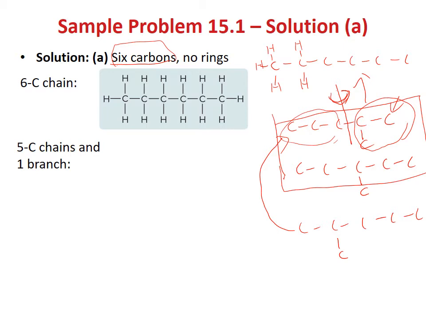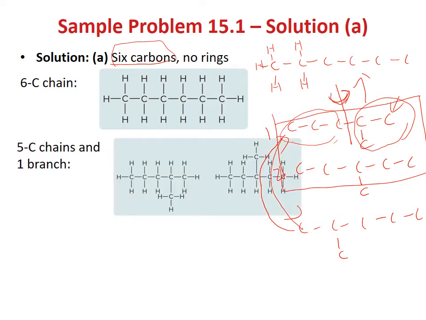But it's still the same molecule, same arrangement. So they are the same. And therefore, for a 5-carbon chain with 1 branch, those are the only 2 possibilities. Then you add a hydrogen skin to these molecules, so you have 2 possible arrangements, 2 molecules with 5 carbons and 1 branch.